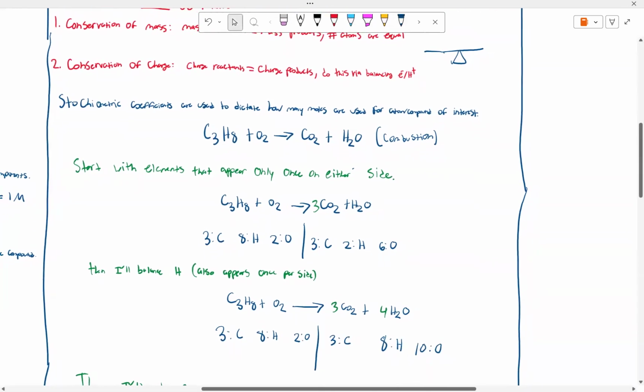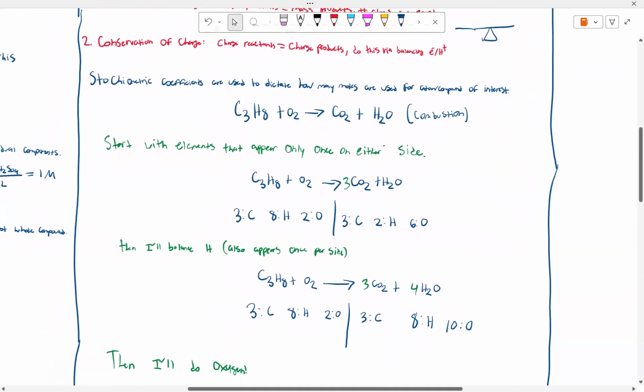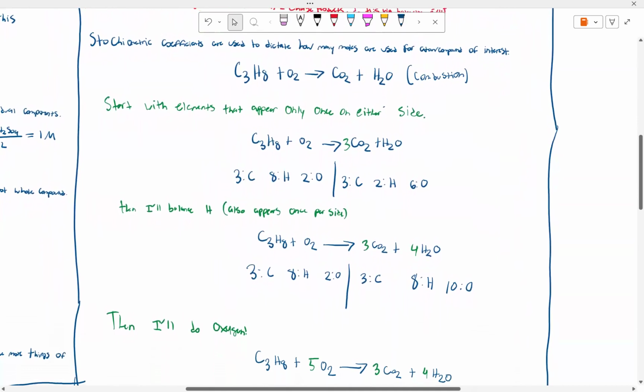Stoichiometric coefficients are used to dictate how many moles are used for the atom or compound of interest. Over here, I have C3H8 plus O2 going to CO2 plus H2O, which, if you remember, is a hydrocarbon, an oxidant, and carbon dioxide and water on the product side. That's a combustion reaction. You start with elements that appear only once on either side.